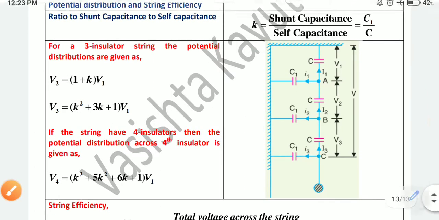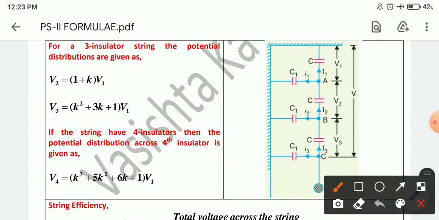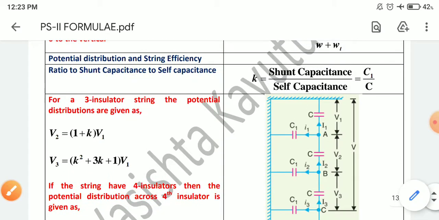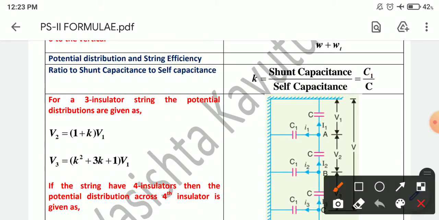Each and every disc has its own capacitance called self capacitance, given by capital C, and the capacitance formed between the earth or tower and the metal link is C1, called shunt capacitance. We have a relation between the self capacitance and shunt capacitance given by a term called K. K is equal to shunt capacitance by self capacitance, that is C1 by C.